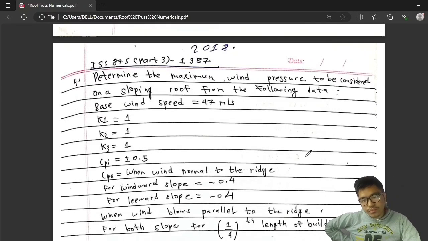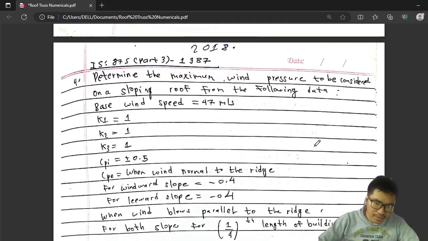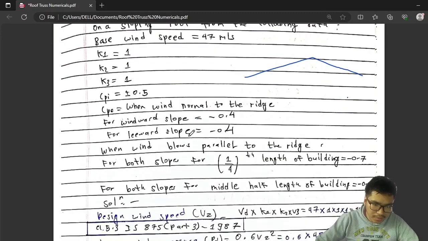For wind load, we use IS 875 part 3 1987. Determine the maximum wind pressure to be considered on a sloping roof with the following data. Basic wind speed is 47 meter per second. K1, K2 and K3 are given.